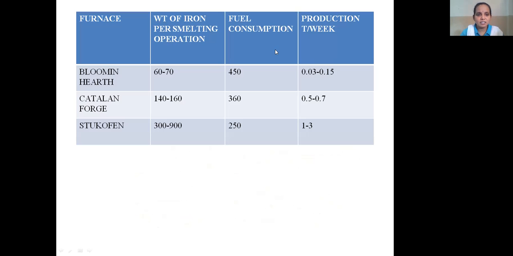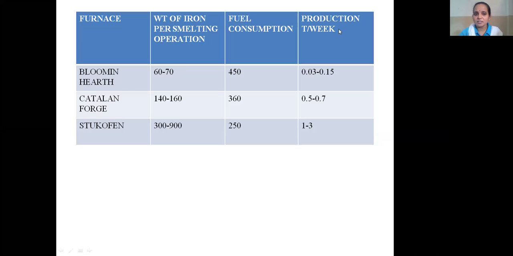Let us see in this slide the comparison of the products of Bloomery, Catalan Forge, and Stokofen furnace.